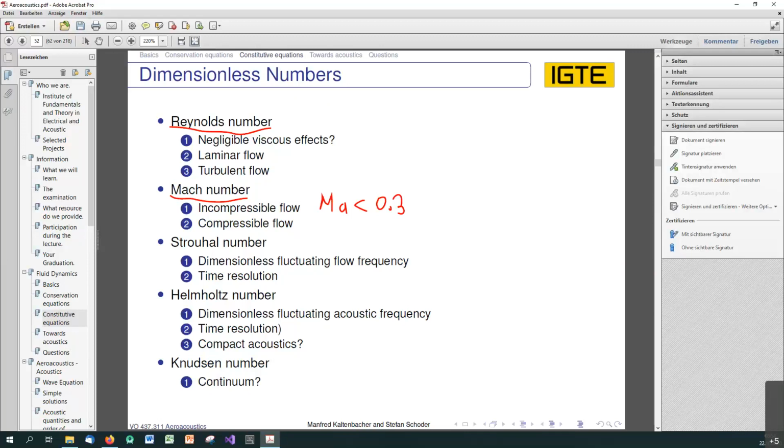Neglecting viscosity means that you end up with the Euler equations. Not neglecting viscosity, you have either laminar or turbulent flow.